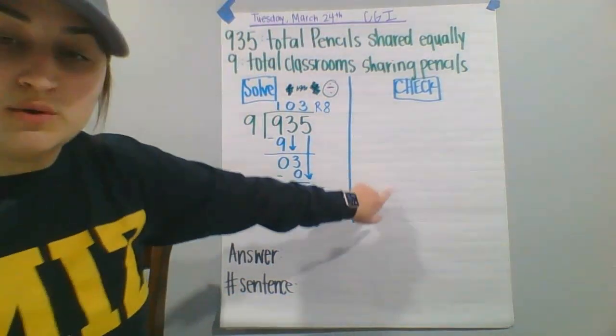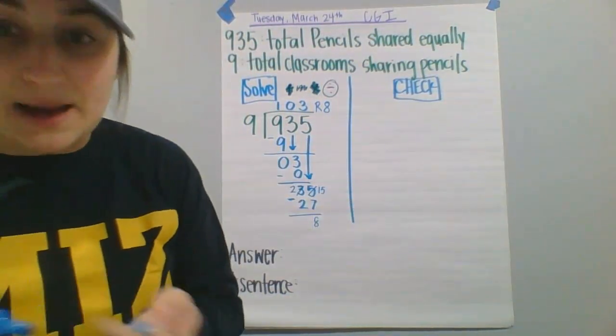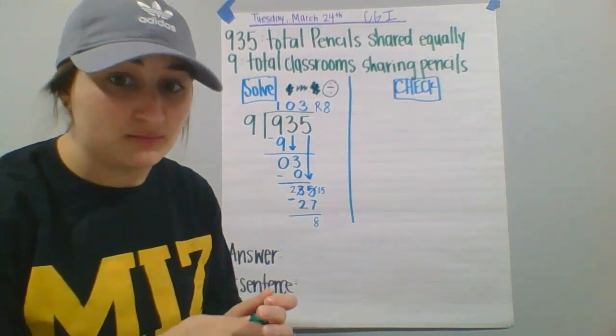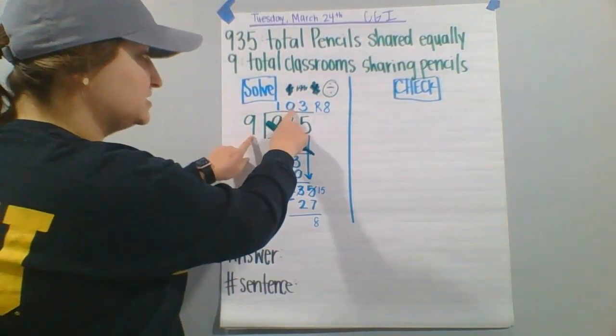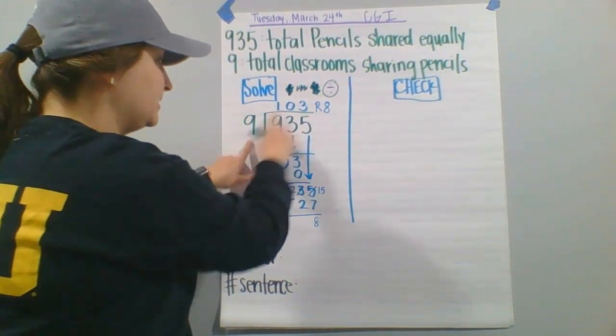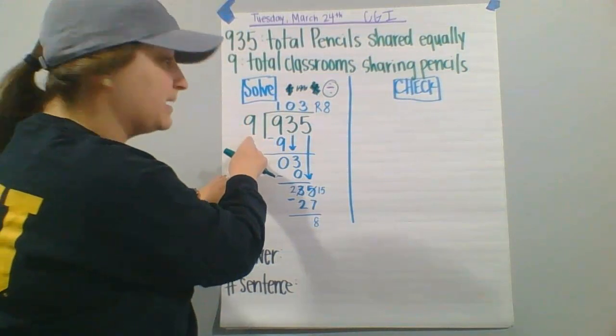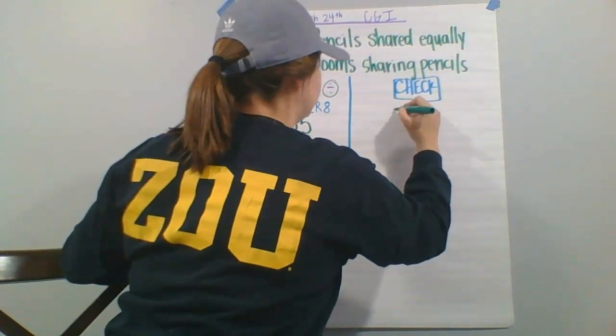Okay, so now we want to check our work. And the opposite of division is going to be multiplication. So we're going to check our work using multiplication. We're going to take our quotient and our divisor, the number we divided by, and we're going to multiply them together.